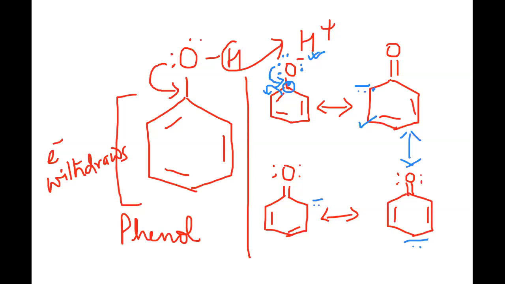Now, when this kind of resonance stabilization is occurring, there is a delocalization of the negative charge from the oxygen towards the benzene ring. You understand what is delocalization? The negative charge towards the benzene ring.